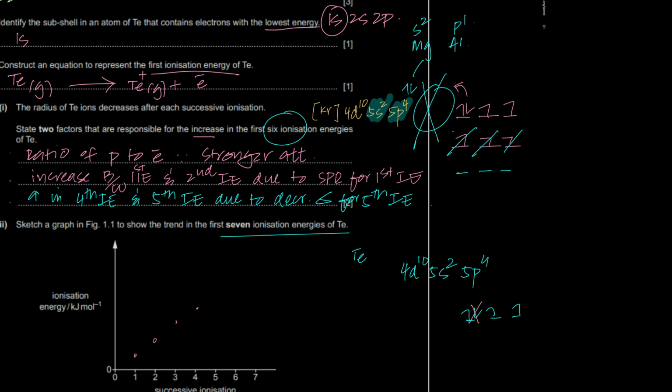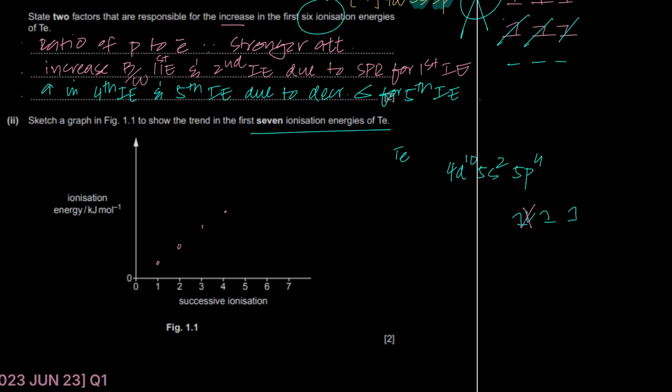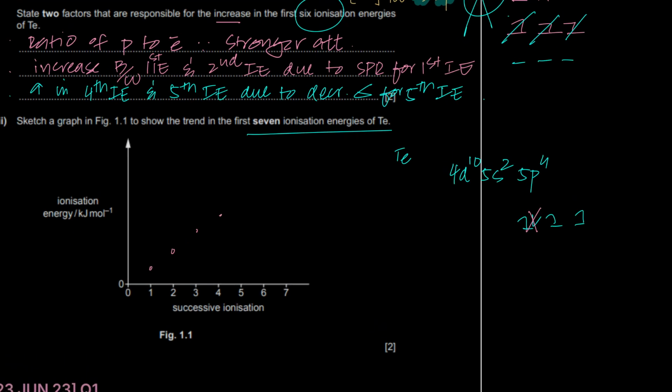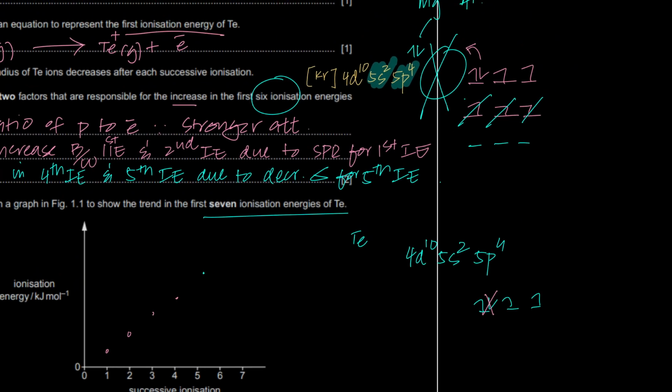So realize that there's not going to be a big jump because the principal quantum number is the same, but there's going to be a slightly higher increase. So between the 4th and the 5th ionization energy, there's going to be a slightly higher increase. Not a big jump, but a slightly higher increase in ionization energy. So I've removed the 4 electrons in the 5p, and then I have removed 1 electron in the 5s.